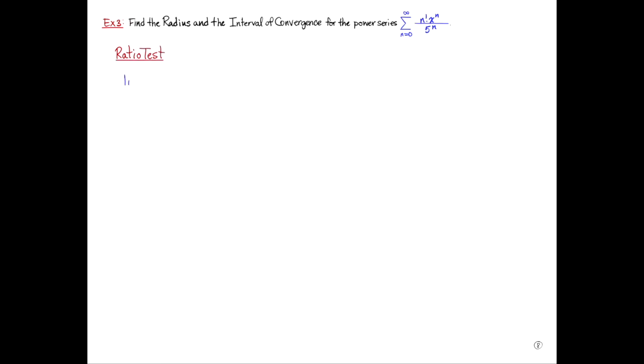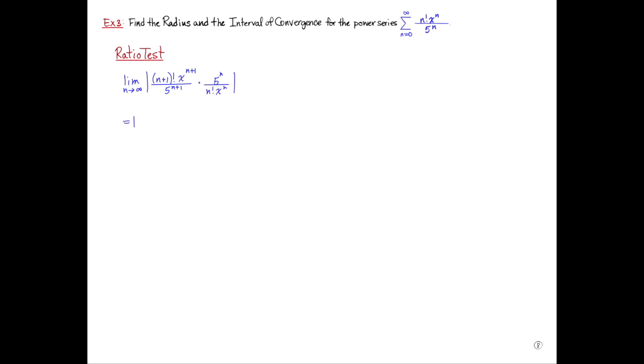The limit as n approaches infinity of the absolute value of (n+1) factorial times x^(n+1) over 5^(n+1) times the reciprocal of a sub n gives us 5^n over n factorial times x^n.